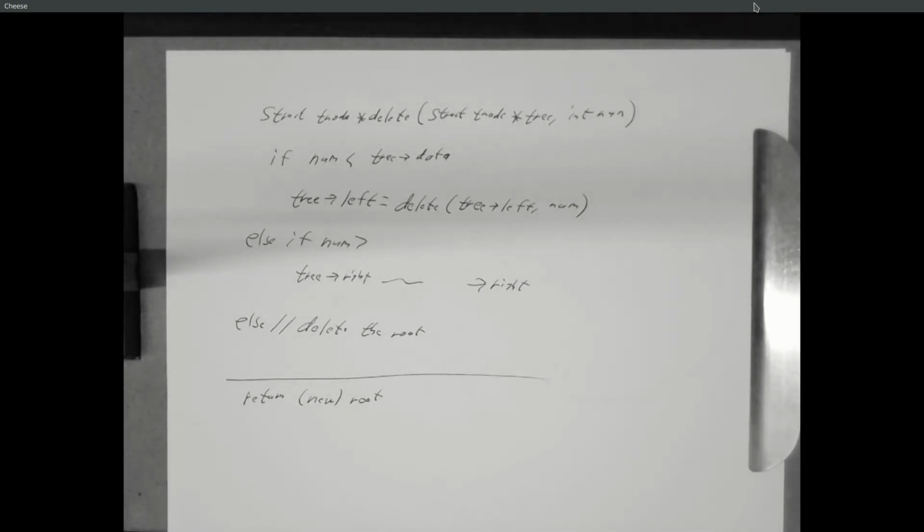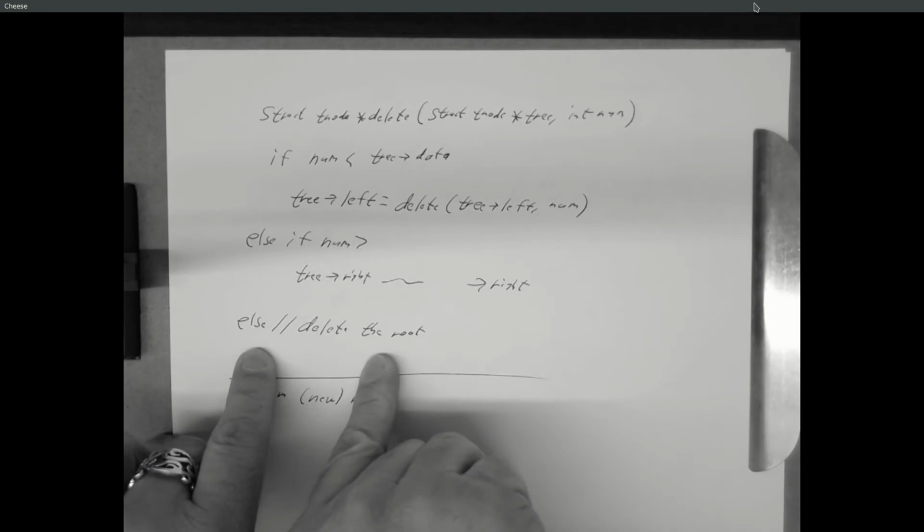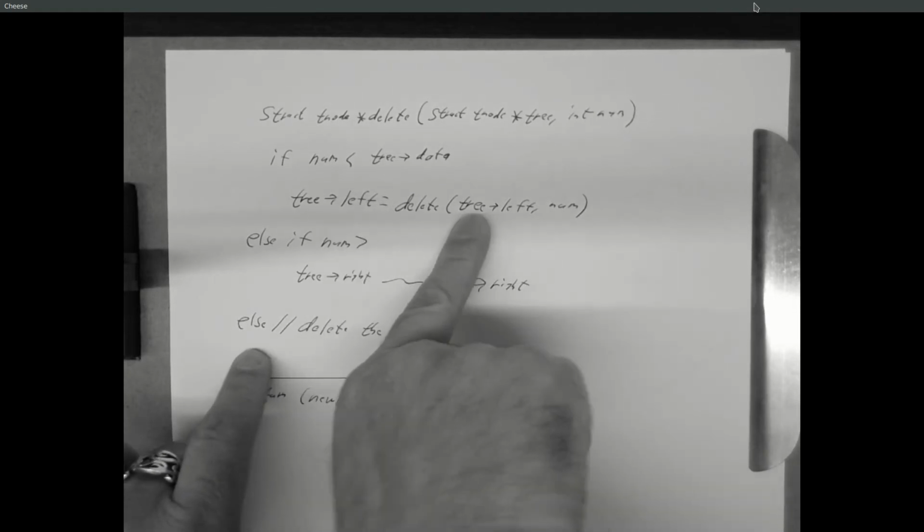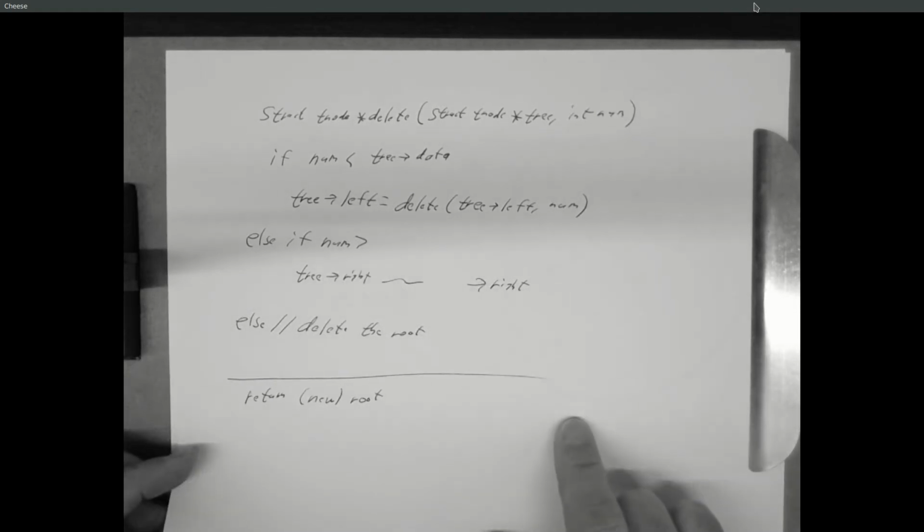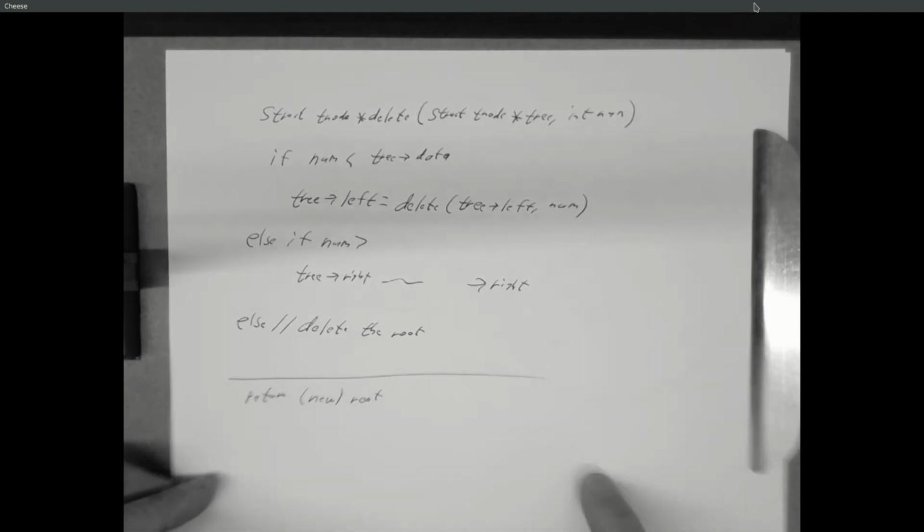So the only real work you do is when you're deleting the root of the tree. If you're not trying to delete the root, either call delete on the left subtree or the right subtree. Set the left or right subtree equal to what you get back from delete. And then all your code goes in this else case where you're actually deleting the root.